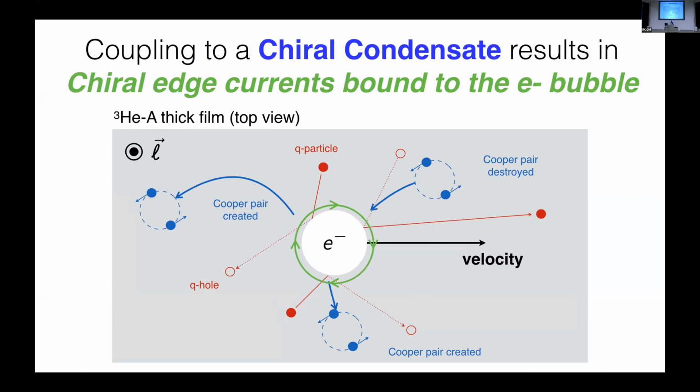Now, if the condensate is also chiral, this multiple Andreev scattering that takes place forms these chiral edge states. And so from the occupied negative energy states of these bound chiral fermions, we form this edge current.